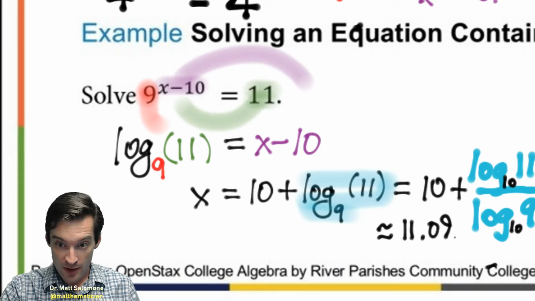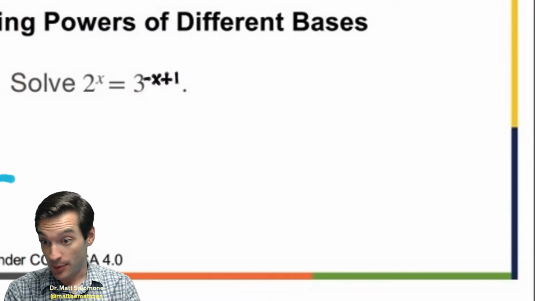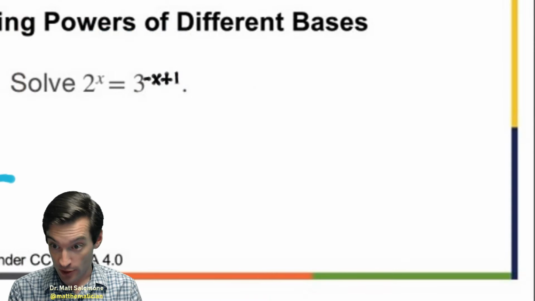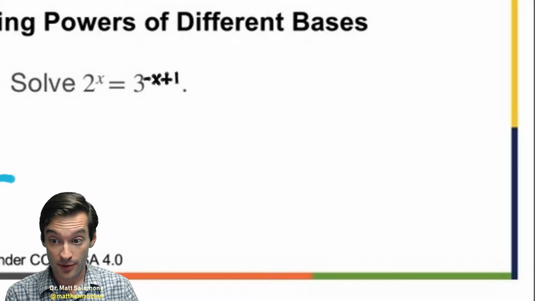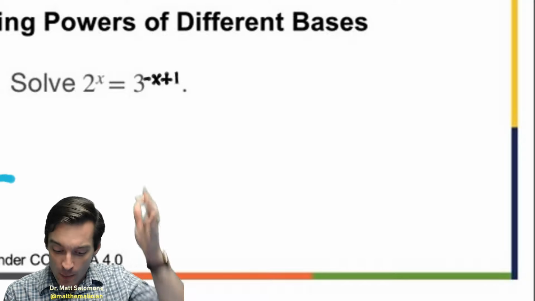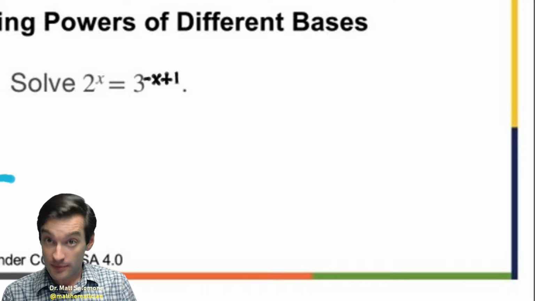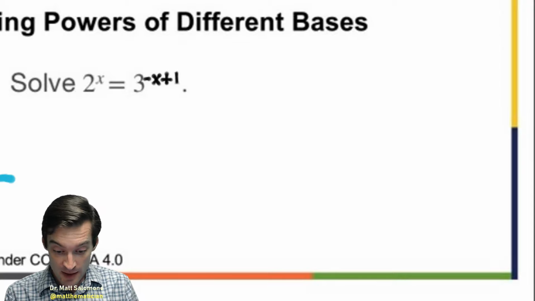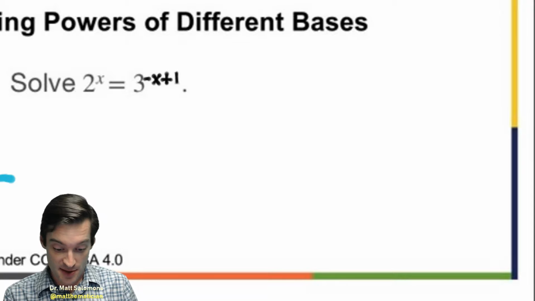So what does that mean about this last and sort of scariest example of how we can use these properties of logarithms to solve this equation, 2 to the x equals 3 to the minus x plus 1? Well, my favorite way of solving a problem like this is to pick one of my two bases, either base 2 or base 3. Let me say I'll pick base 3.